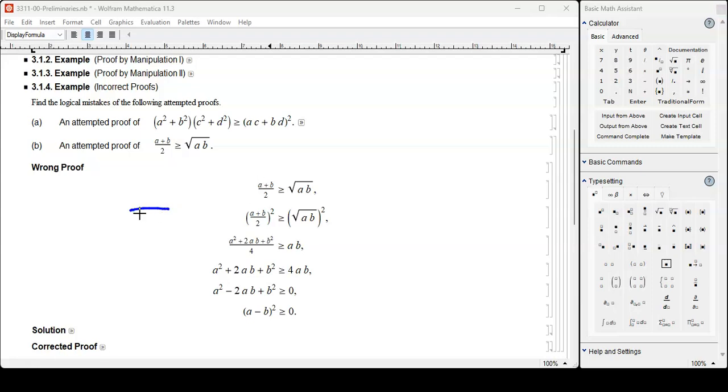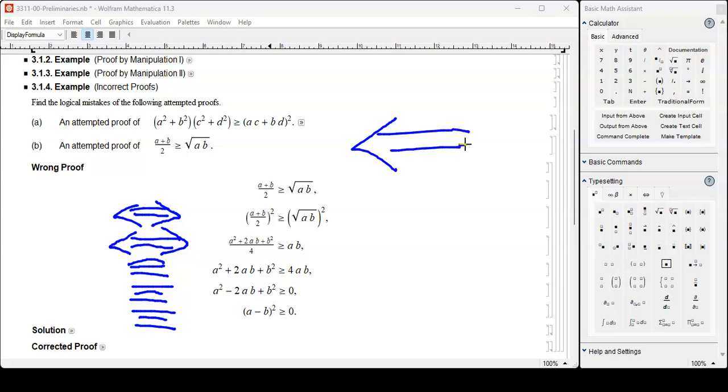So this is equivalent to the second. That's equivalent to the third. I'm getting tired of those. Equivalent, equivalent, and equivalent. By the way, this double arrow notation and these two notations are the same.